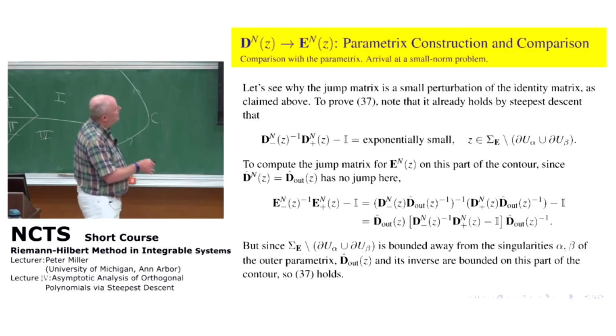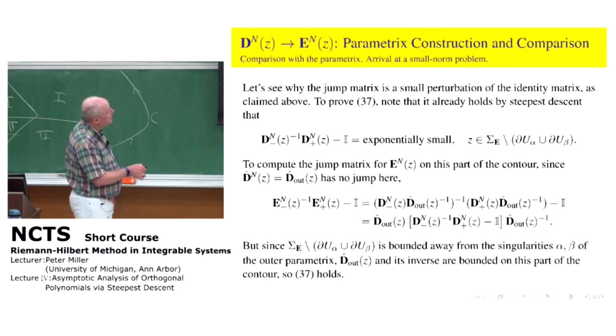So to compute the jump matrix for E on that part of the jump contour, we use the fact that D hat n is the same as the parametrix, which is the outer parametrix, because we're outside of the disks, and it has no jump on those arcs. So that means that E_n minus inverse E_n plus minus identity can be written like this. Here's D_n minus D hat out inverse, without a plus or minus because they are the same, times a similar quantity for the plus side, minus identity.